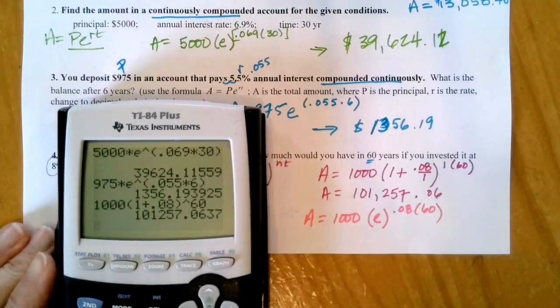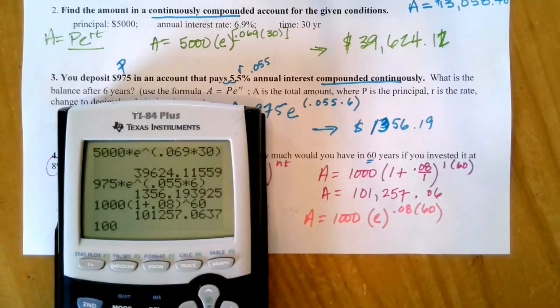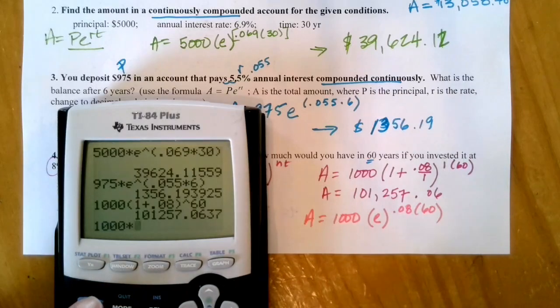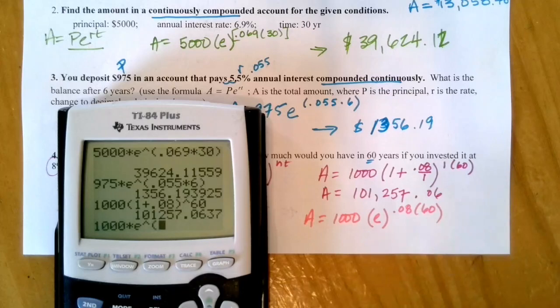Here you see what a difference this is. $1,000 times E to the parens 0.08 times 60.